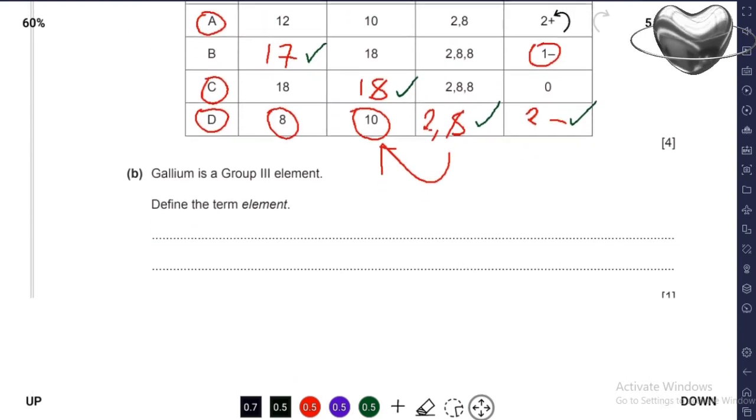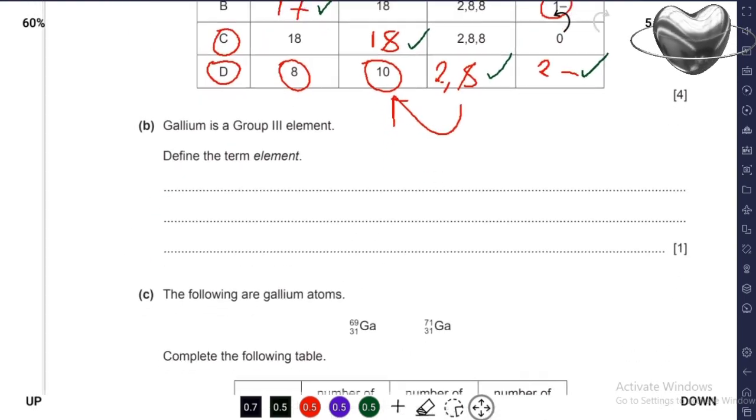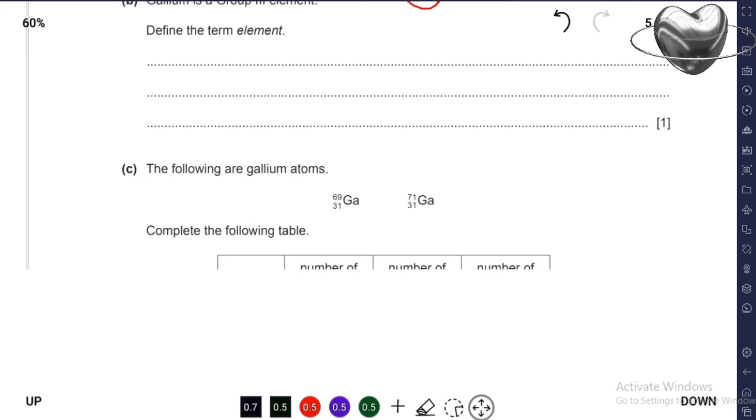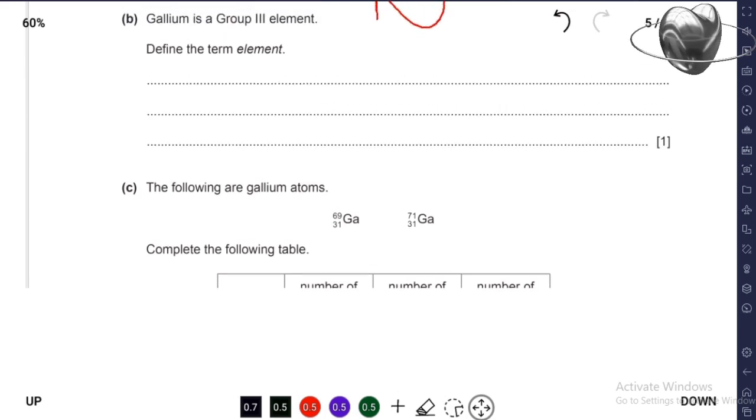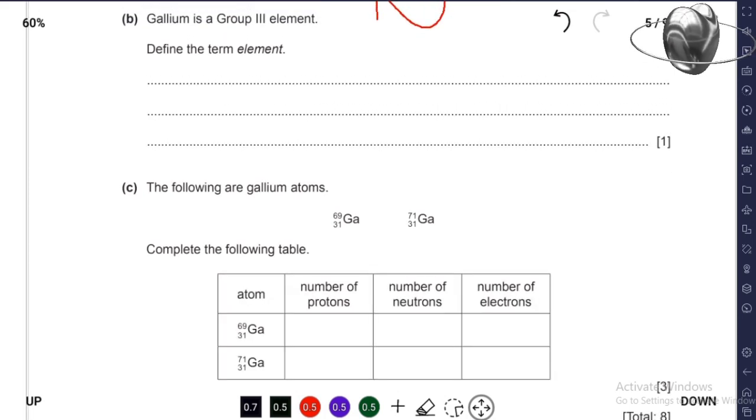Let us look at B. Gallium is a group 3 element. Define the term element.